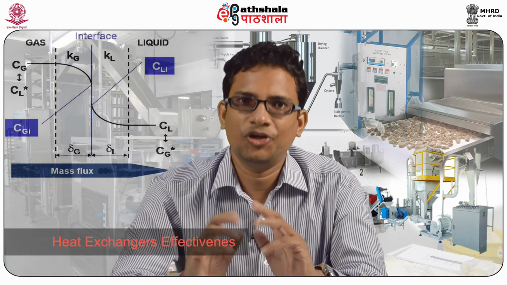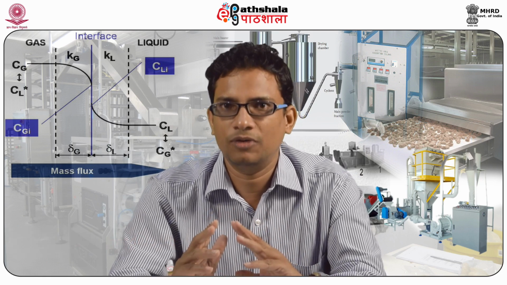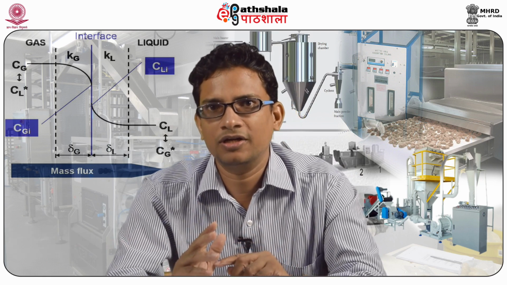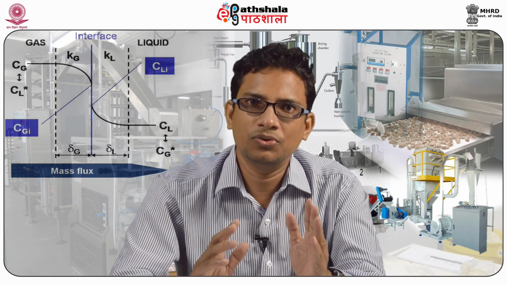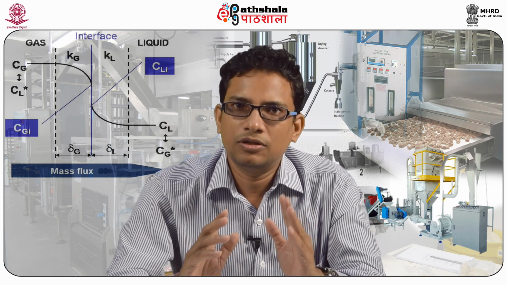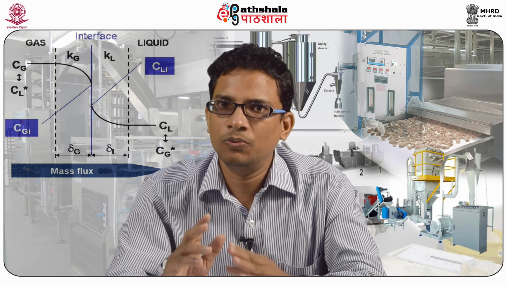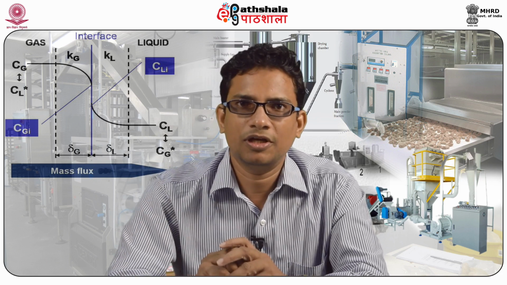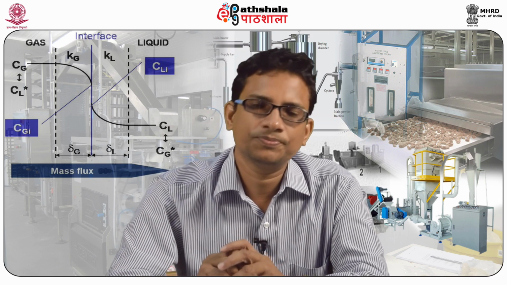Coming to the heat exchanger effectiveness, it is the ratio of actual heat transfer rate and maximum possible heat transfer. Maximum possible heat transfer, that is Q, equals C max into the temperature difference of the hot fluid inlet temperature and the inlet temperature of the cold fluid.